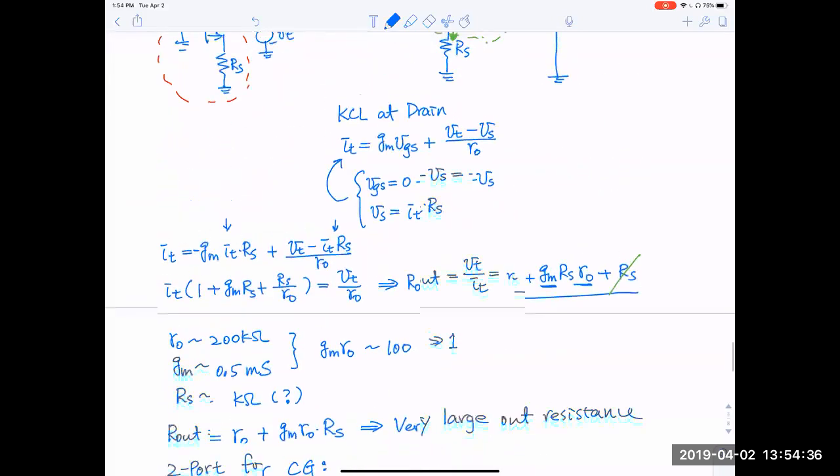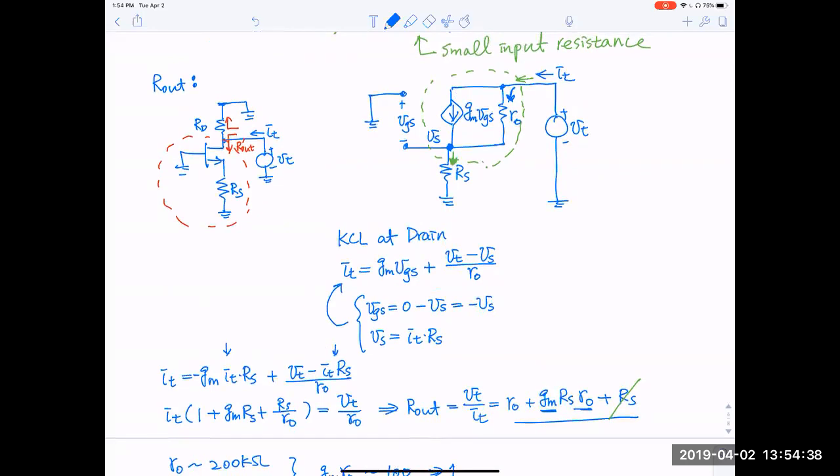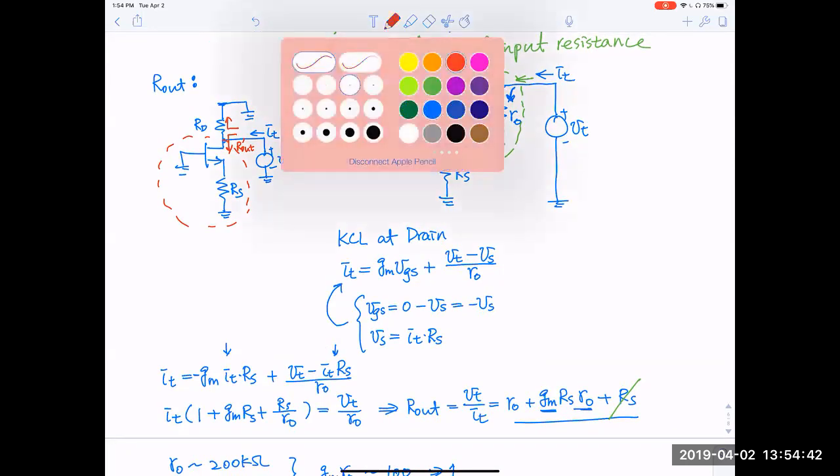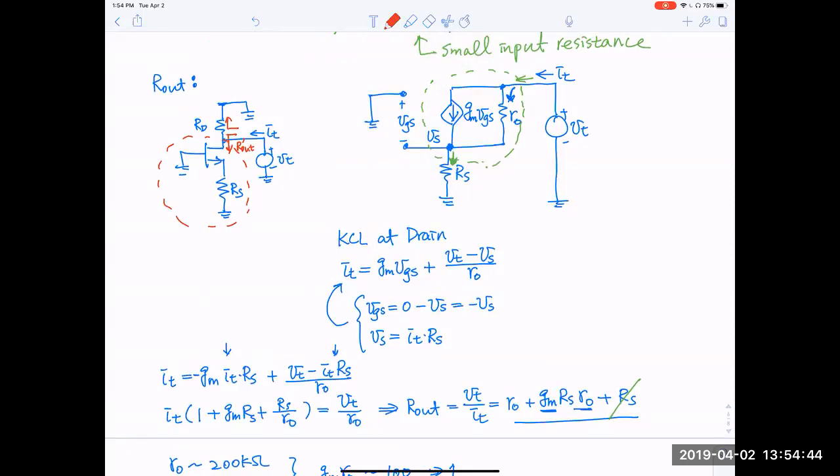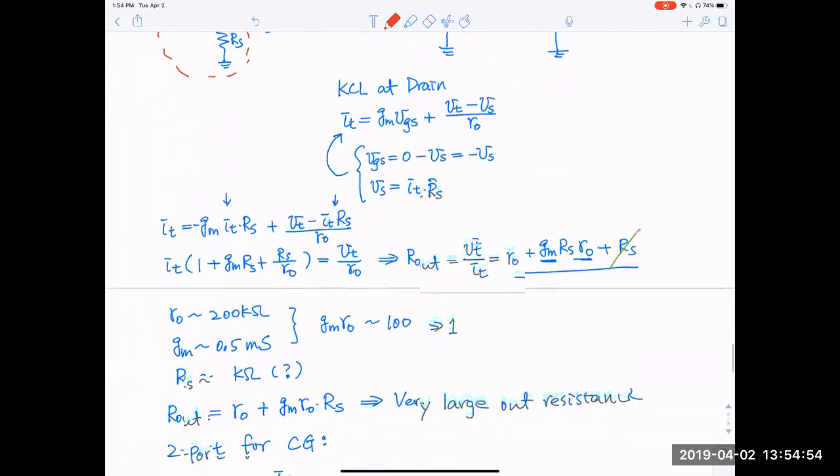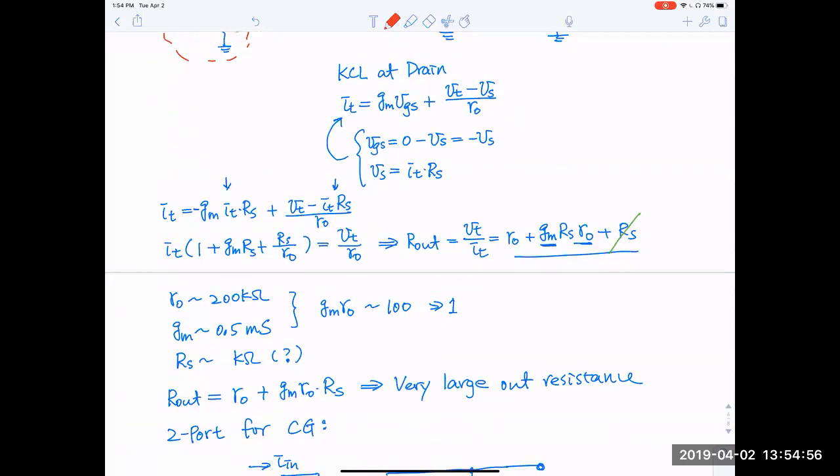Let's come back to this picture here that we just saw. Well, we only took the output resistance of the bottom half. The upper half is RD. So strictly speaking, what we have calculated is actually R out prime.